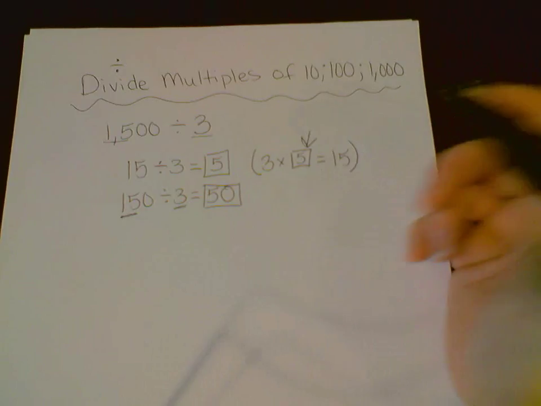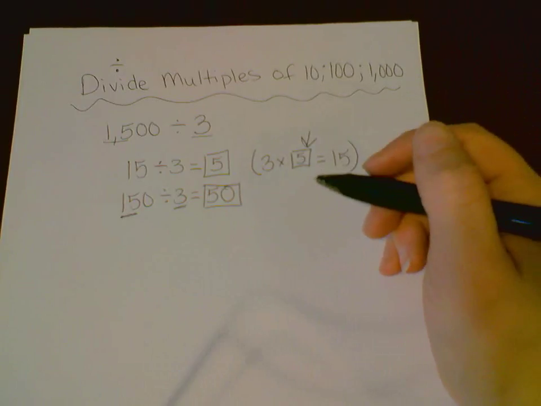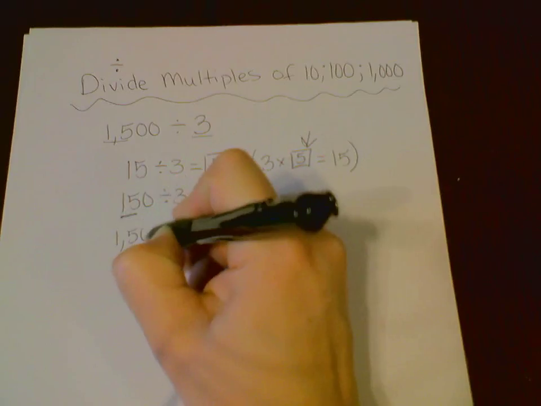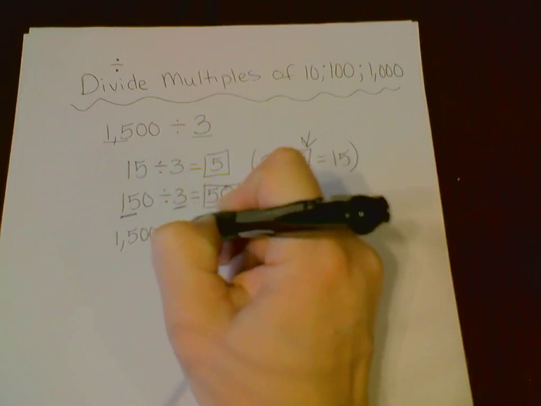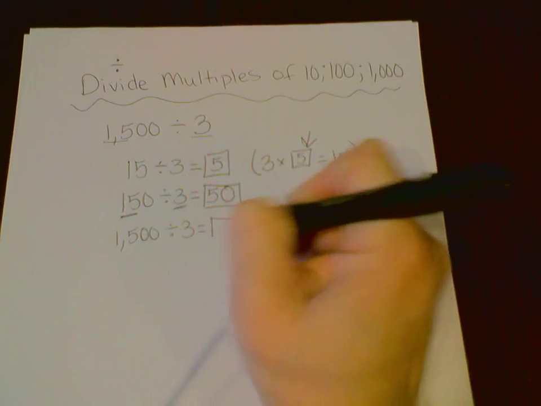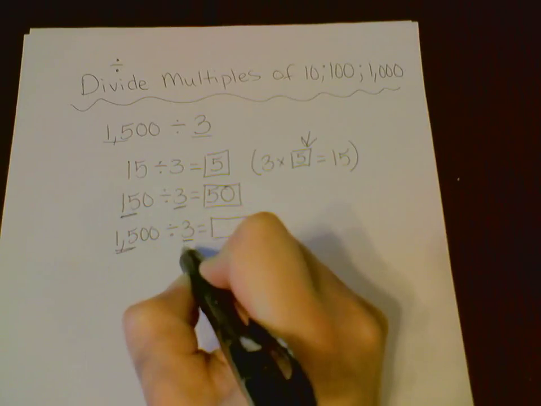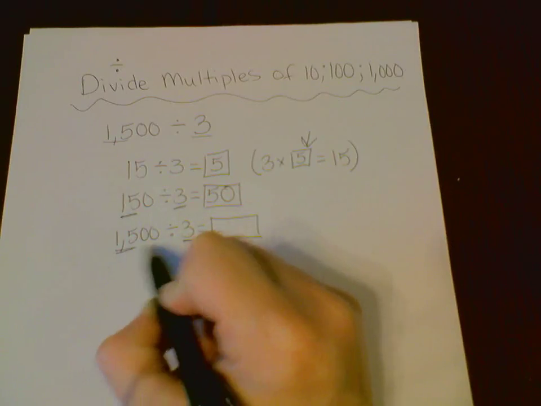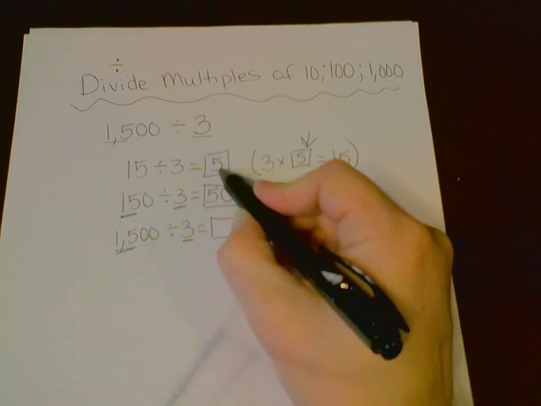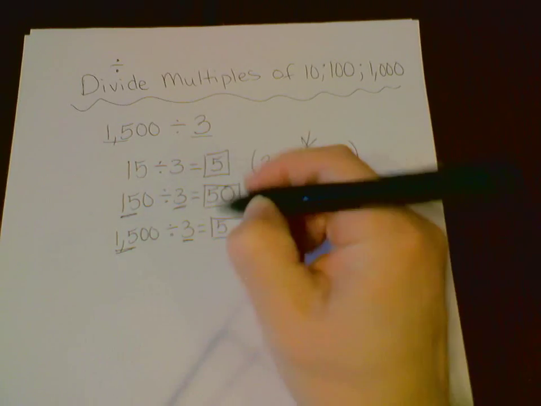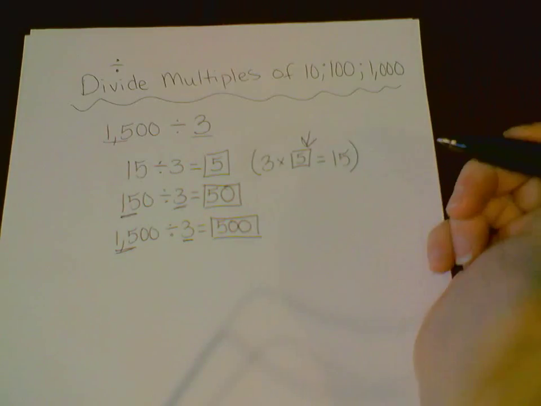So 150 divided by 3 equals 50. So then let's add another 0. 1,500 divided by 3 equals what? Okay, well that 15 is still there, so is the 3. So that we know is 15 divided by 3, which we know equals 5. So I place that 5. I have 2 zeros behind the 15, so I'm going to place 2 zeros behind the 5.